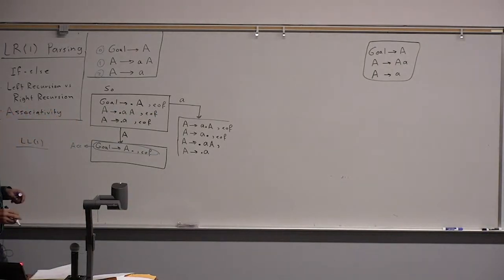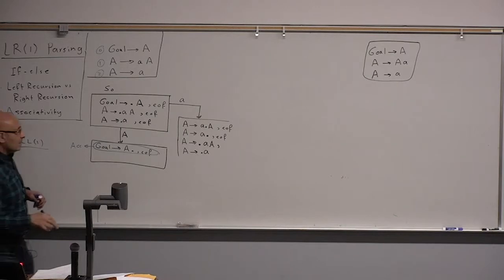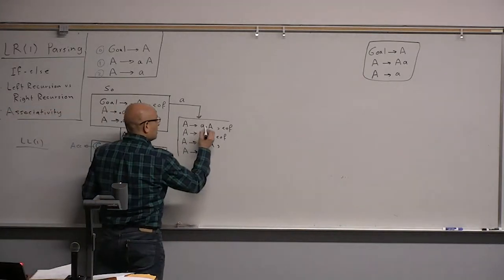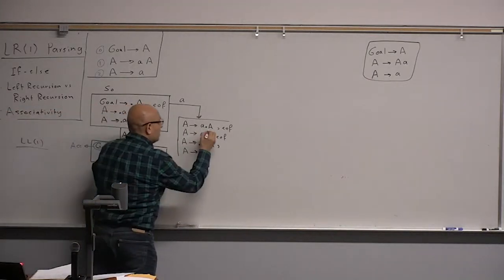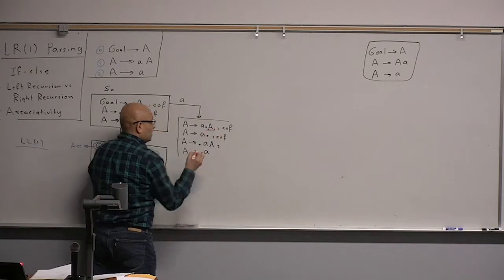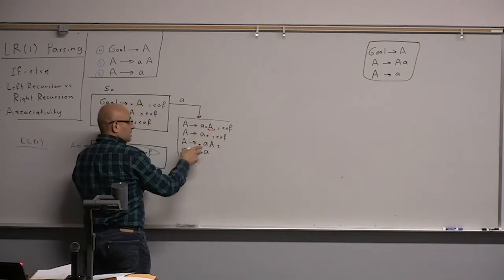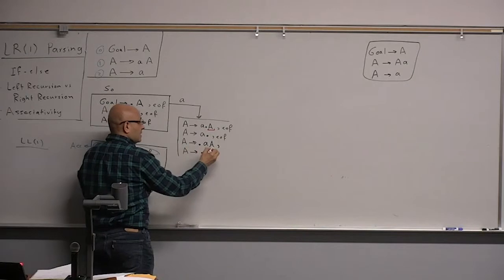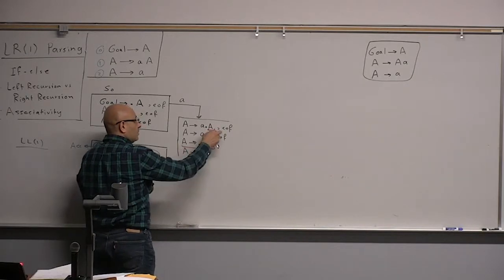Now, what's the look ahead? End of file. Again, the look ahead is what follows an A. So what comes after an A? Here is an A that we are expanding. So this is an expansion of this. It's like this is going to get substituted for this.